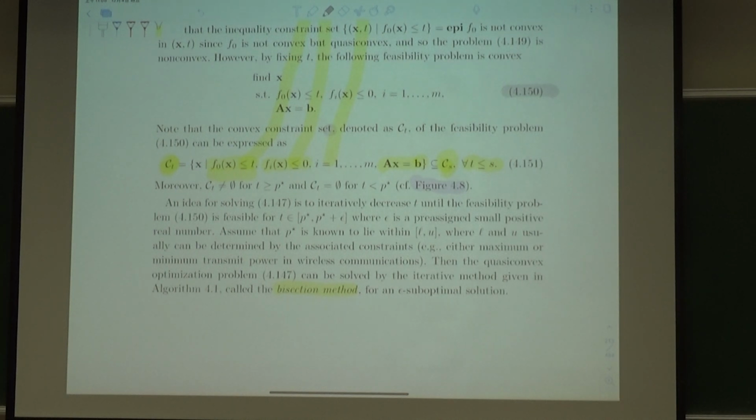That means you make f0(x) equal to 0, or this is a nice constraint function. You can define f0(x) equal to 0. Feasibility problem.